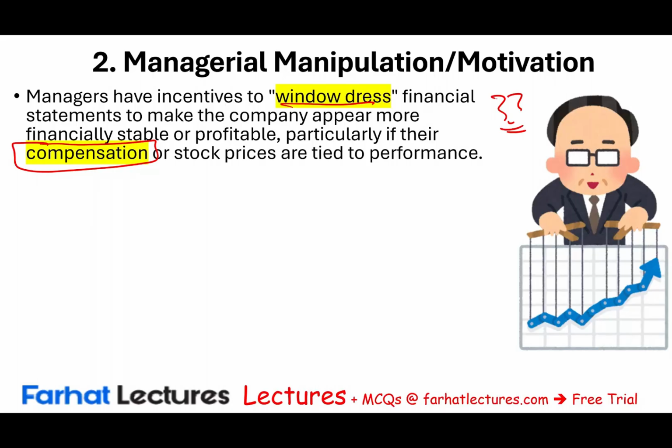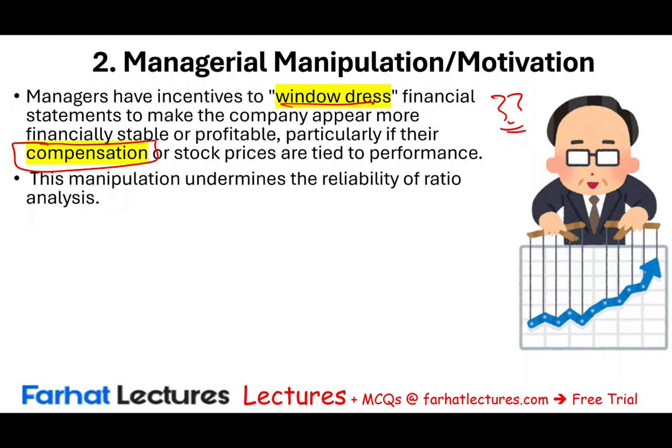Find the inventory method that's going to lead to the lowest cost of goods sold. Use the depreciation method that's going to give you the highest income. Use the allowance method that's going to give you the highest income. As a result, you manipulate income, you manipulate earnings per share, you manipulate the stock price, you manipulate the compensation package, especially if you're getting paid in stock options for these managers.